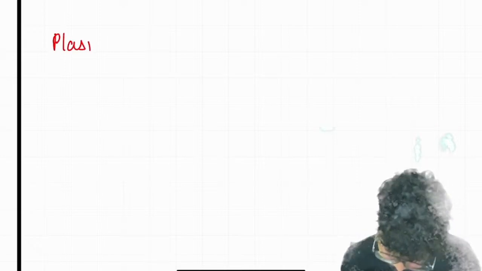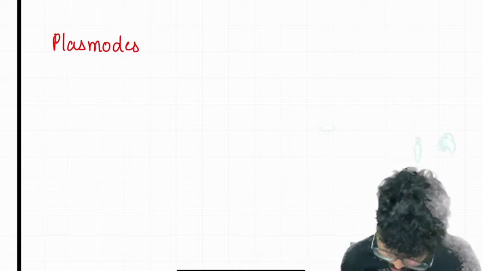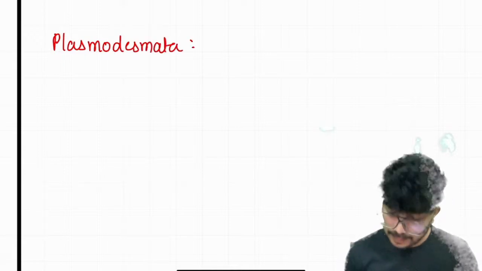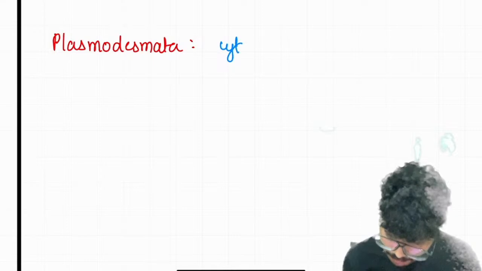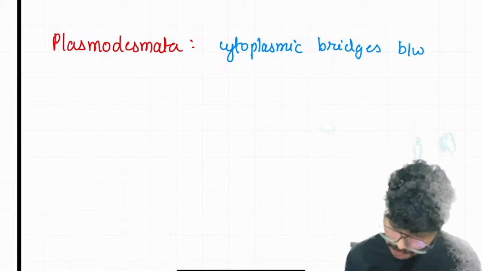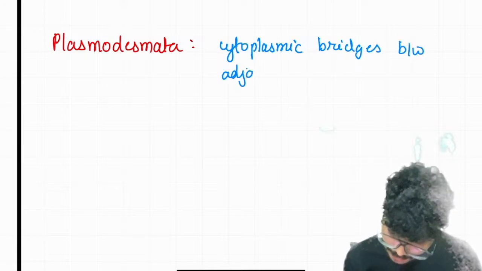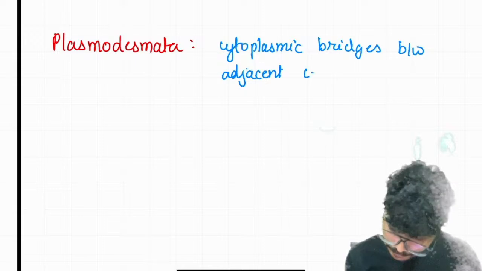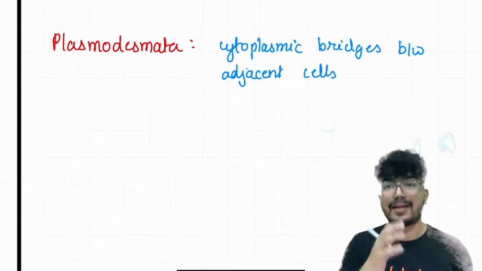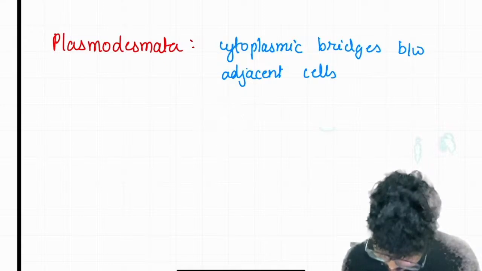Next is plasmodesmata. What are plasmodesmata? Basically, these are cytoplasmic bridges between adjacent cells. That maintains the protoplasmic continuum, that is the symplast.